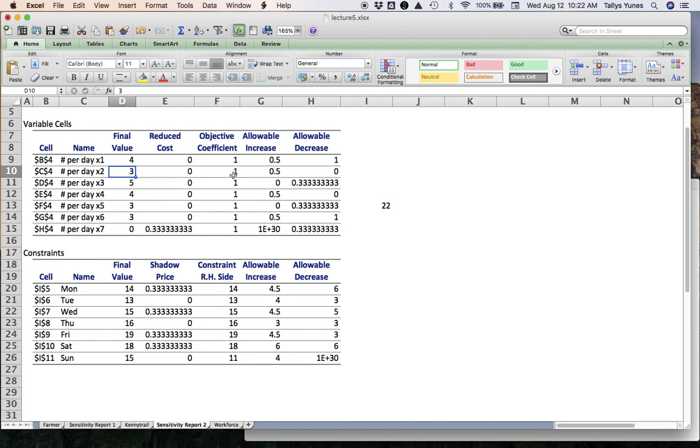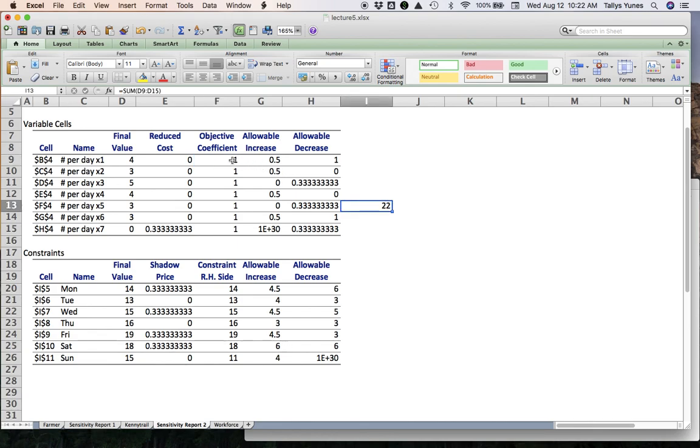Now, just for the sake of the exercise, if I had asked this question of the type 1 work week people, as in, what if I was considering decreasing the salary of these folks by $100? Well, that's okay because the allowable decrease is 1 and I want to decrease by 0.1. 0.1 of 1,000, that's my $100. So the current solution would remain the same. What about my expense with wages?